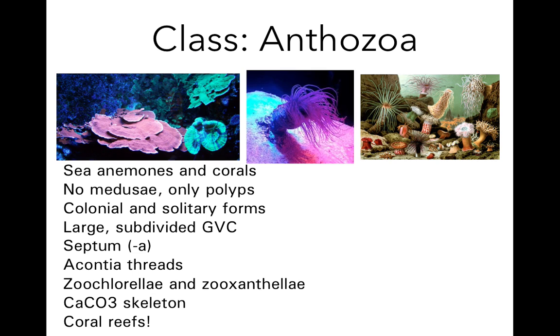Now, these organisms tend to have a large and subdivided gastrovascular cavity. It can be divided up into different areas by wall-like structures called mesentery or septa, just like the septa that divide the nuclei in basidiomycetes and ascomycete fungi.